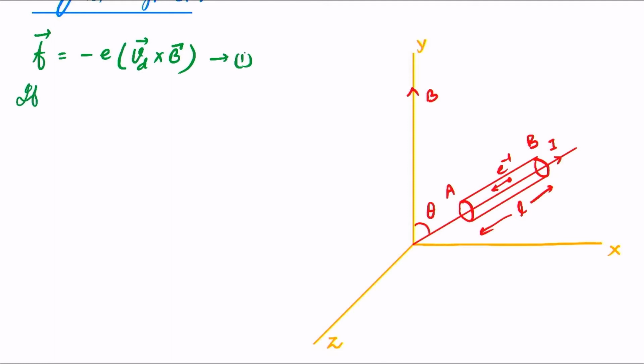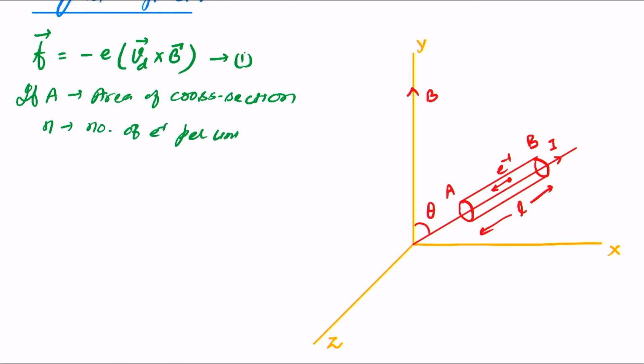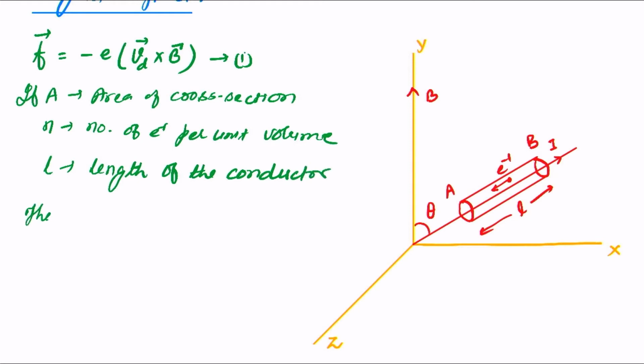Now if A is the area of cross section of this conductor, n is the number of electrons per unit volume in this conductor, and L is the length of the conductor, then the total number of electrons in this conductor, say N, can be found simply: A into L is the volume, and n is the number of electrons per unit volume.